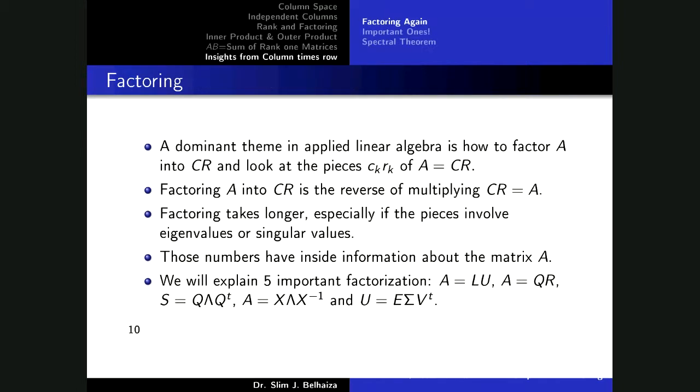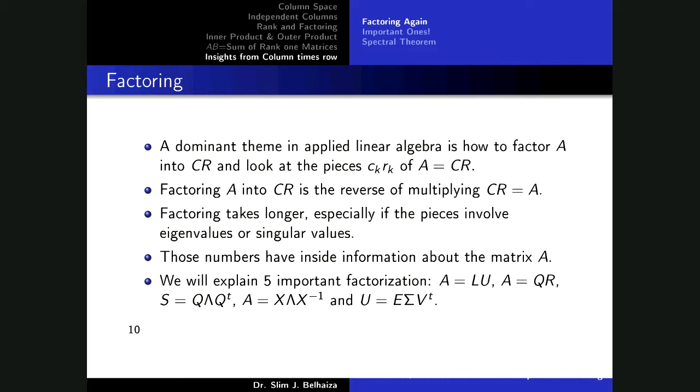We'll talk now about factoring, and we'll see some important ones. Now, this is something we didn't see before. Factoring is a dominant theme in applied linear algebra, and we'll see many ways to factor.